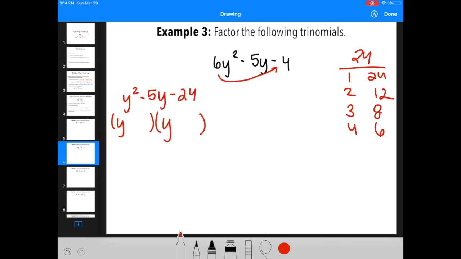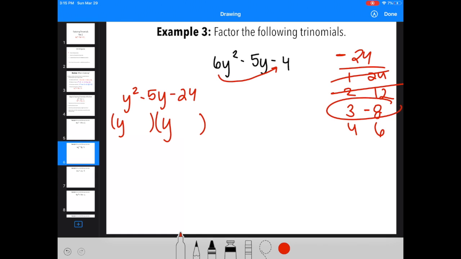Okay. Looking at those, how do I get to 5? You also have to remember that I'm trying to get to negative 24. So one of those values has to be negative. So 1 minus 24, that doesn't get me anywhere. 24 minus 1, no. 2 minus 12 does not equal negative 5. 12 minus 2 does not equal negative 5. 8 minus 3 gives me a positive 5.